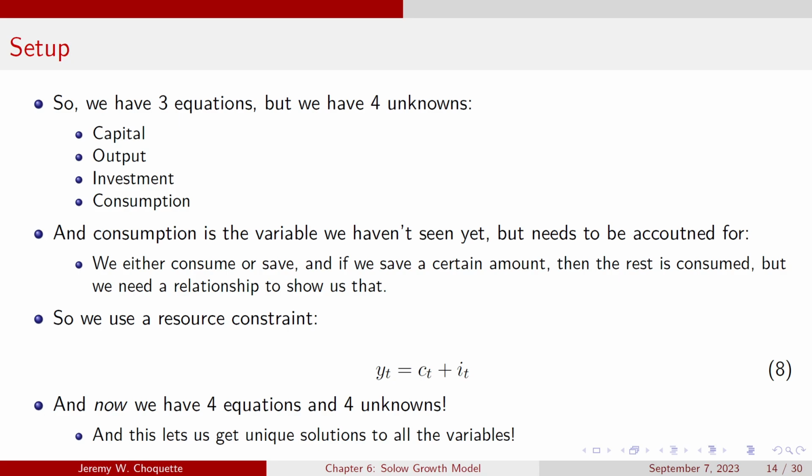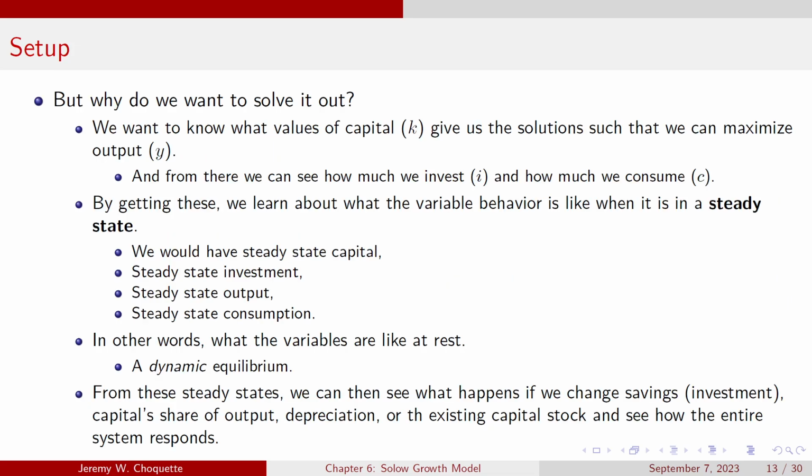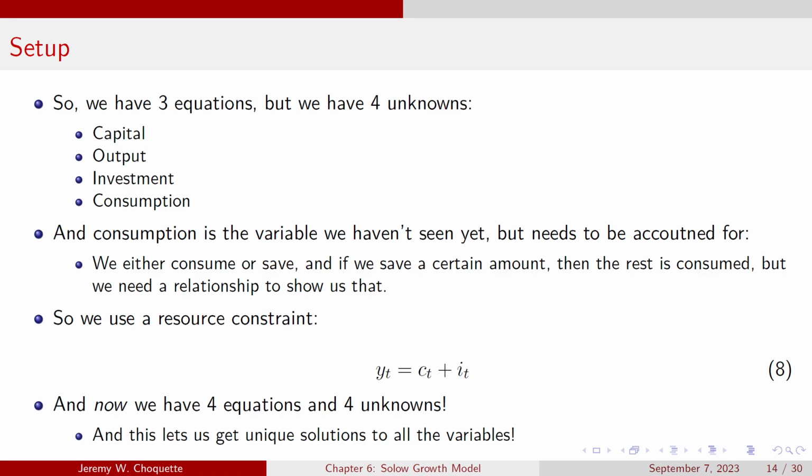Because right now we've got 3 equations and 4 unknowns. The 3 equations that we saw are output, the law of motion of capital, investment, and then the fact that savings equals investment. But I've got 4 unknowns here: capital, output, investment, and consumption. And consumption is the variable that we haven't seen yet, and it needs to be accounted for.